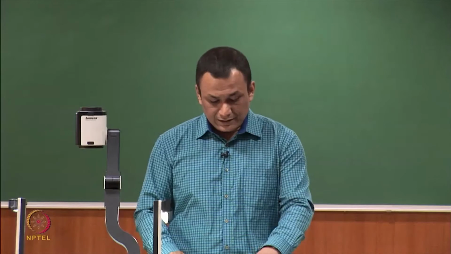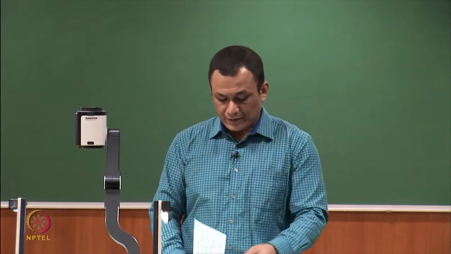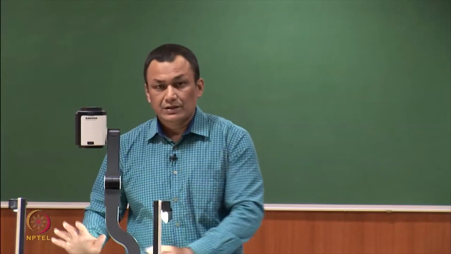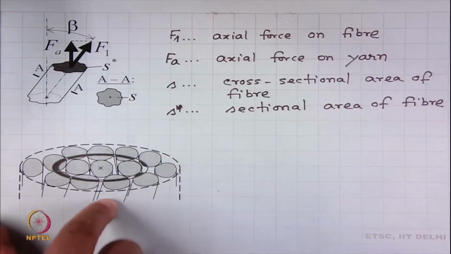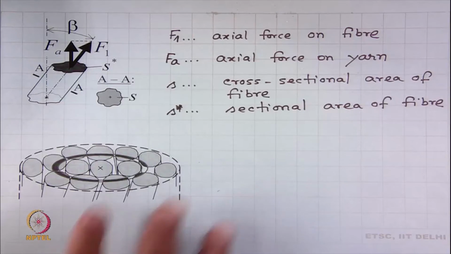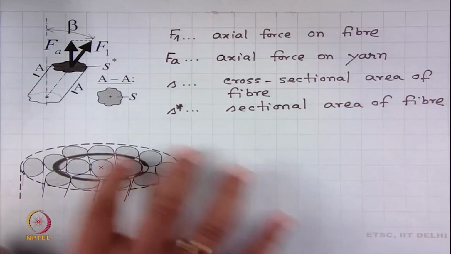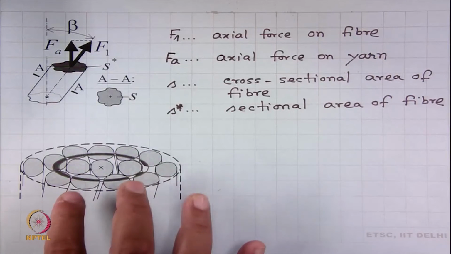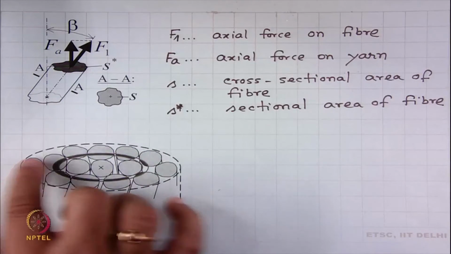For that purpose, we come back to this drawing. What we see here is a cylindrical yarn, with circular cross section, and a lot of fibers are present here.